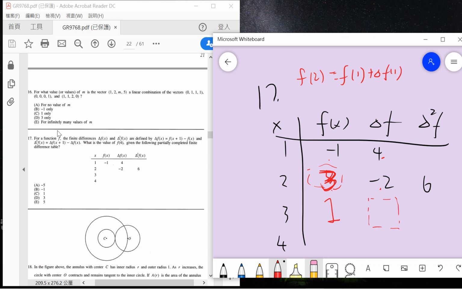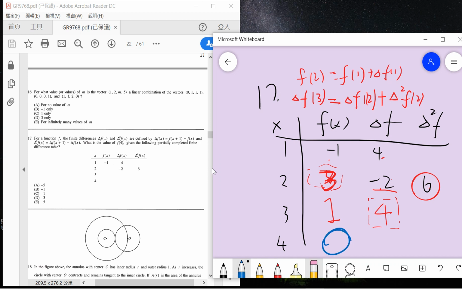This is delta f3, right? Delta f3 is delta f of 2 plus delta square f of 2. So this is 6, and delta f of 2 is minus 2. So minus 2 plus 6 is 4.